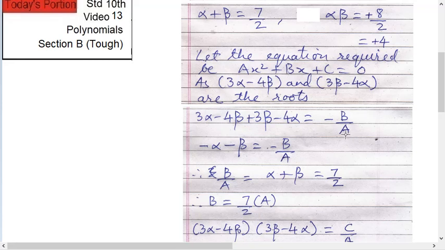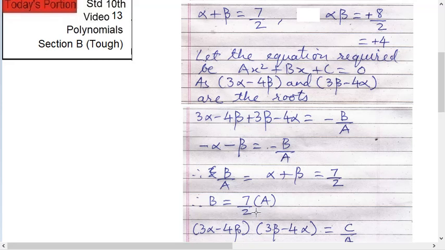Let's solve this first. 3 alpha minus 4 alpha is minus alpha. Minus 4 beta plus 3 beta is minus beta. Equals minus B upon A. Minus minus gone. So B upon A equals alpha plus beta. But alpha plus beta we already know, 7 upon 2. Therefore B equals 7A upon 2.